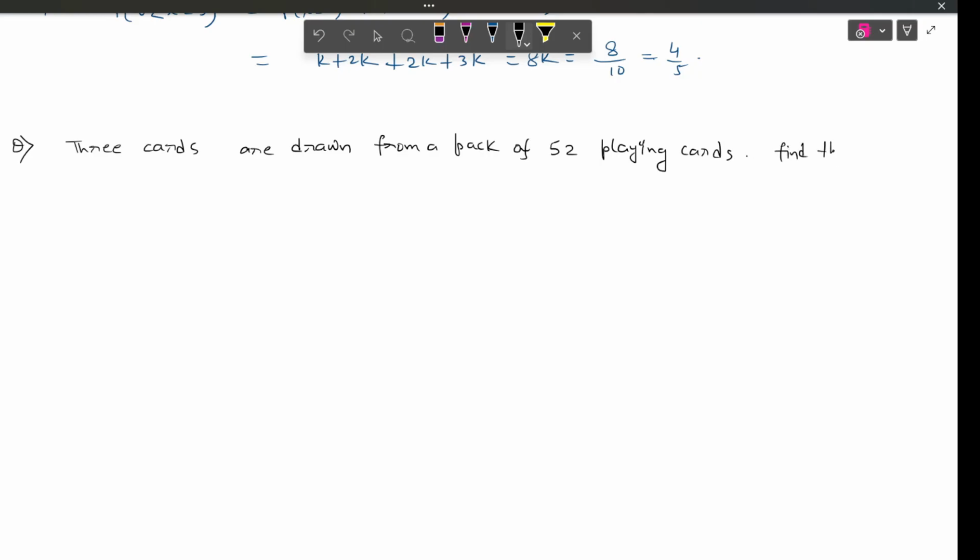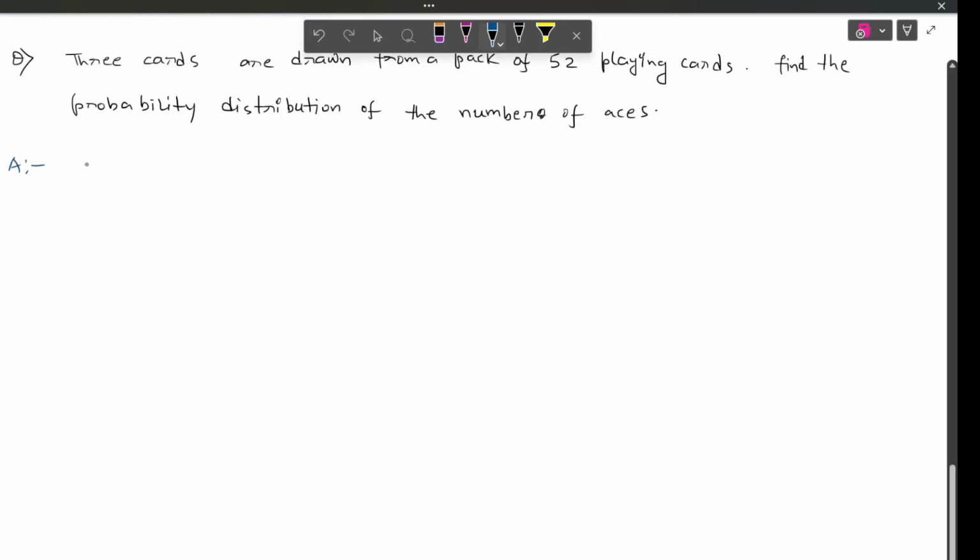Find the probability distribution of the number of aces. This is what you have to find out. So let's see the solution.